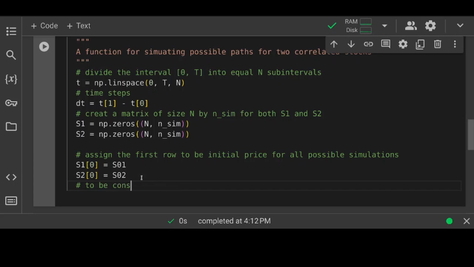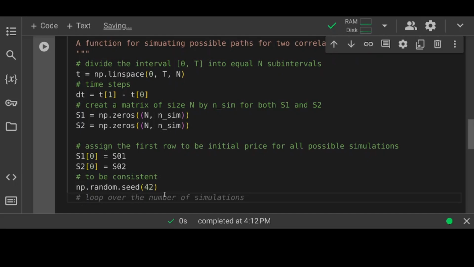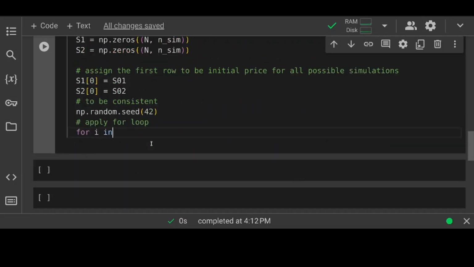To be consistent, we can set a random seed with np.random.seed of, let's say, 100 or just 42. Then apply a for loop: for i in range of 0 to n minus 1.